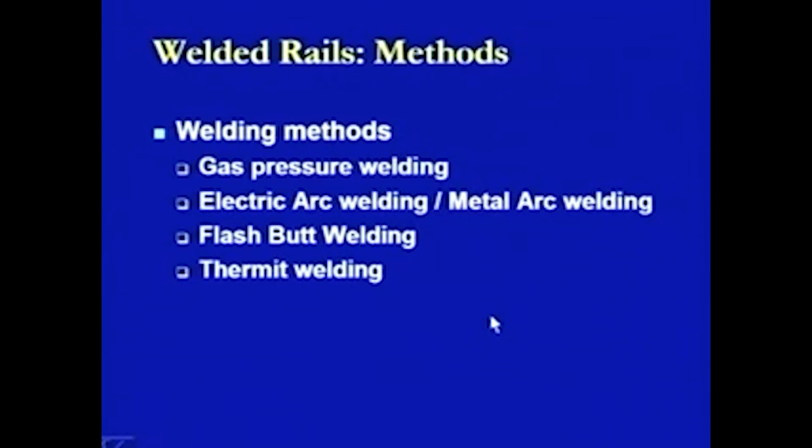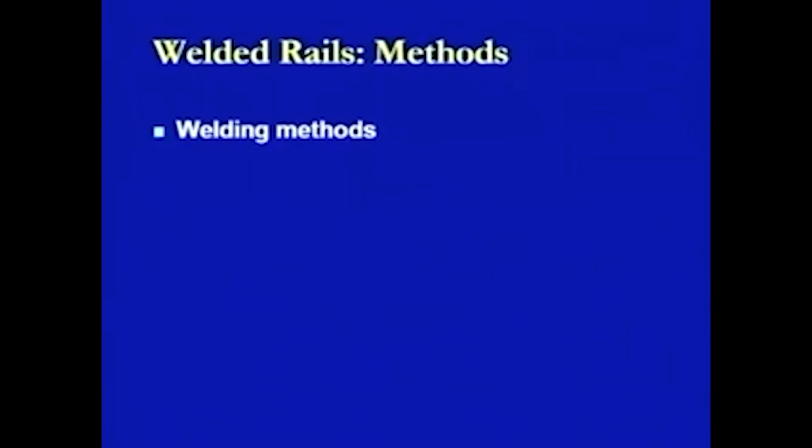All these welding processes have been used at different points of time globally, depending on the requirements and the facilities available, and they have their advantages and disadvantages with respect to each other. We will look at what these types of welding are and the relative advantages and disadvantages of flash butt welding and thermite welding in the coming sections.